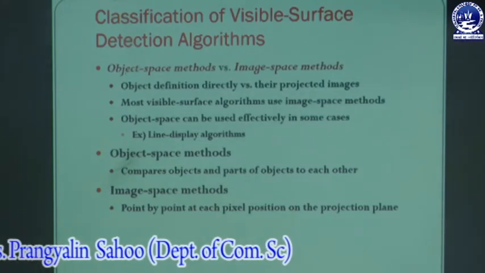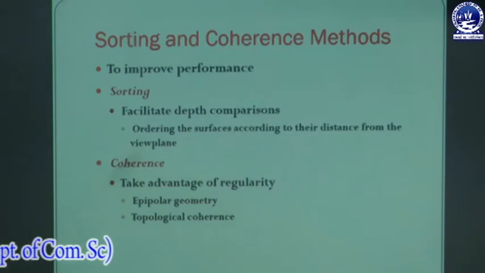Okay, so now we go to our next concept, that's your sorting and coherence methods. That means the sorting and coherence methods are used when the viewer is viewing different 3D objects. In this case, first the surface detection technique is provided in which constant ways the pictures are viewed, by using your object space or image space.